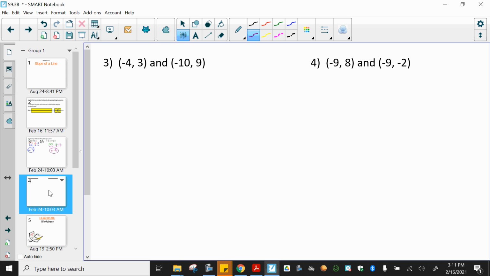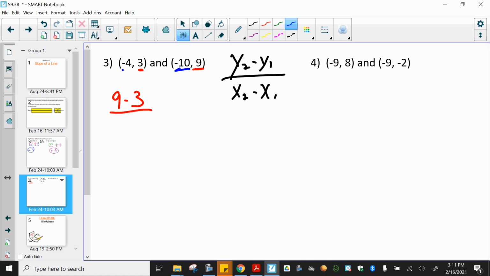All right, next page. Remember, you can write this at the top of yours too: y2 minus y1 over x2 minus x1. All right, y's, I have 9 minus 3 over negative 10 minus negative 4. And every time I subtract a negative, I'm going to add its opposite.